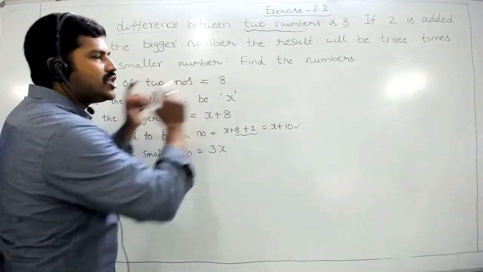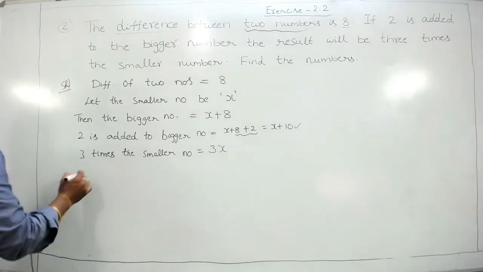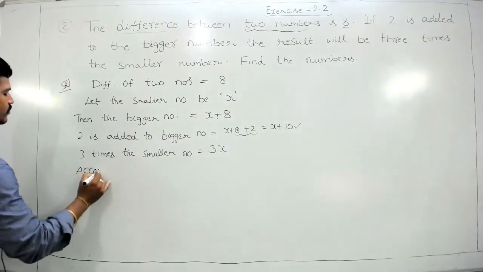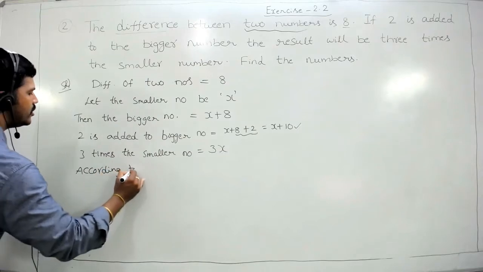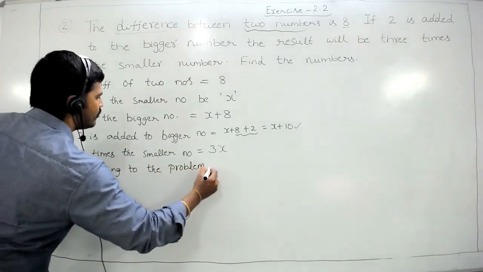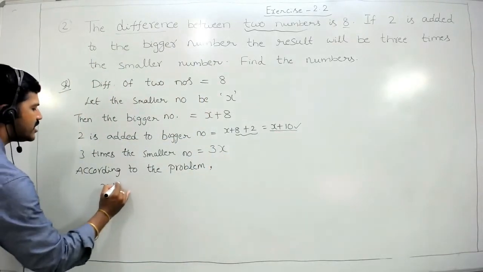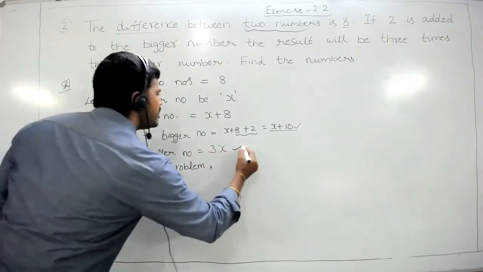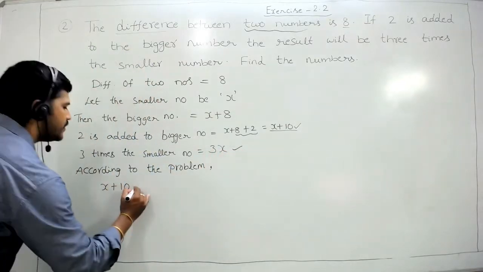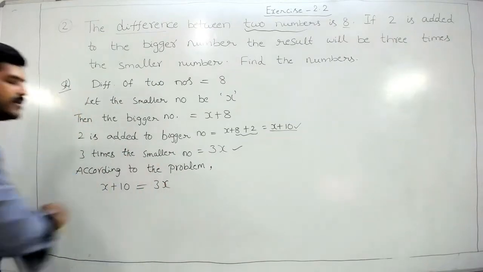So according to the situation, I am going to write the equation now. According to the problem, the result, x plus 10, is equal to 3x.